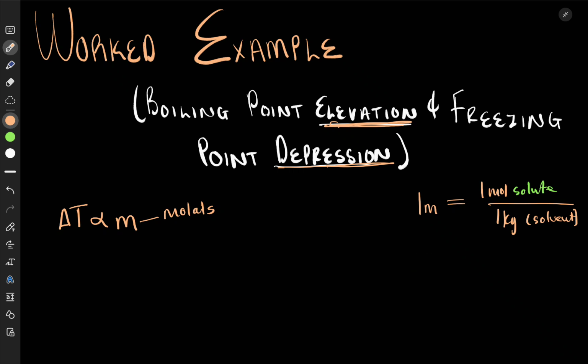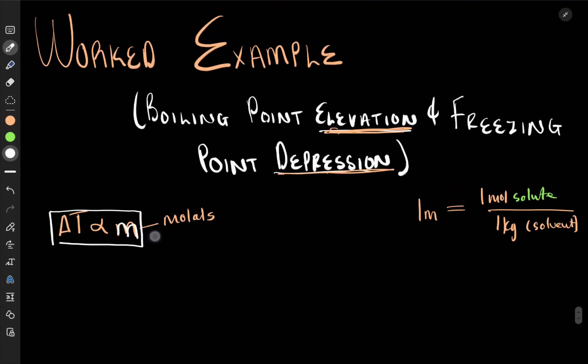So we know that the change in temperature is related to concentration, but the concentration is in molality, small m, not a big M. And this leads us to the formula: the change in temperature is equal to K, some constant, times m. When we remove the proportionality sign and put an equal sign, we multiply the right hand side by a constant K. So the change in temperature is equal to K times m.